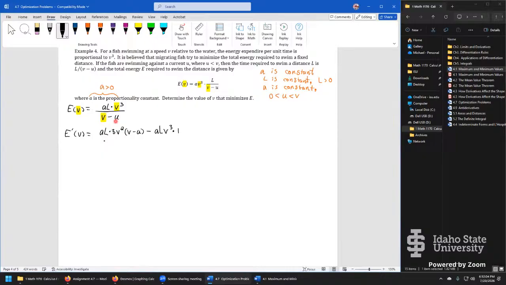This is just times 1, and that's the whole story. Then the whole denominator is just raised to a power 2, V minus U squared. So that's the whole derivative. Any questions or comments getting that numerator put down?